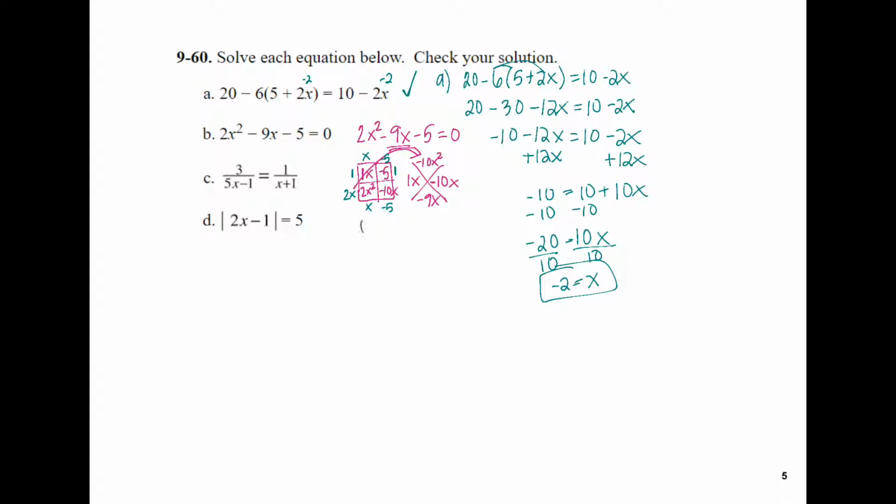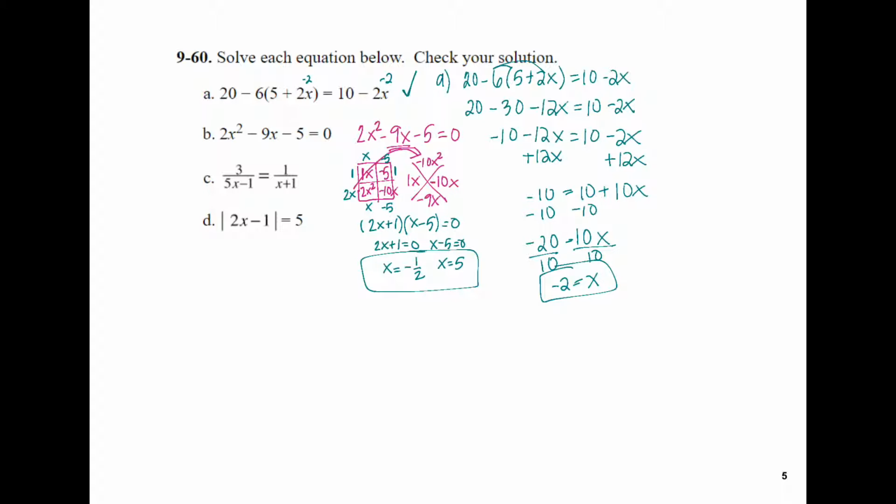So when you write your dimensions, you have 2x plus 1 times x minus 5 equals 0. Set those both equal to 0 and solve. So x equals 5, or x equals negative 1/2. When you plug both of those solutions back in, you get a true statement.